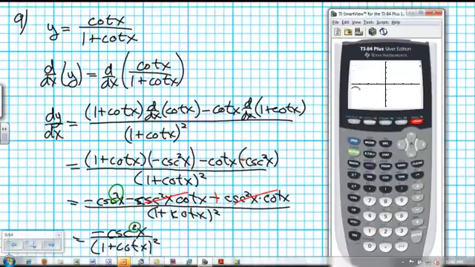Now let's take a look and see if I got it right. There's the function I believe is the derivative function. That makes sense. It should be negative everywhere because of cosecant squared. And there's my derivative tracing over exactly. So it looks like problem number 9 is right.